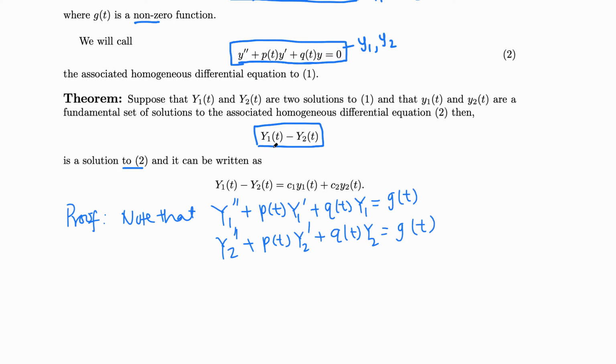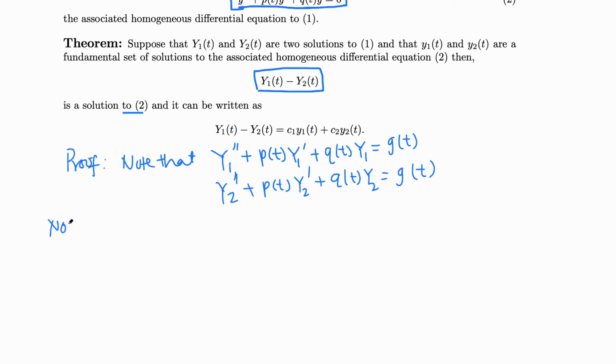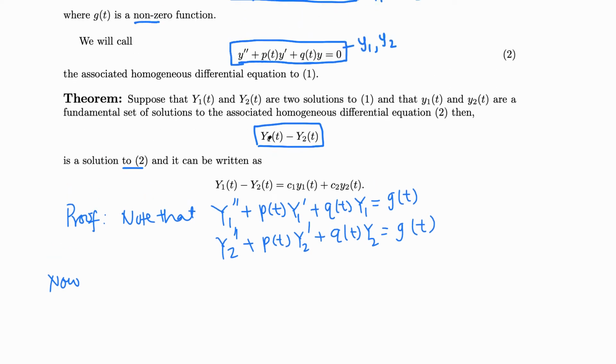Now we are trying to show the difference is a solution to 2. Equation 2 means when we replace little y by this difference, we have to get 0. So what is equation 2? It is y double prime, here (Y1 minus Y2) double prime, plus p(t) y prime, in place of y we write this difference, plus q(t) times (Y1 minus Y2).